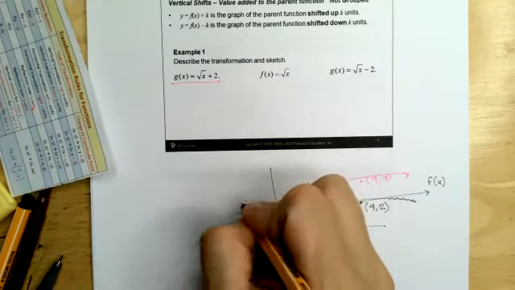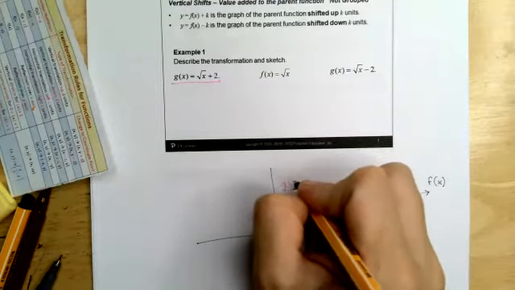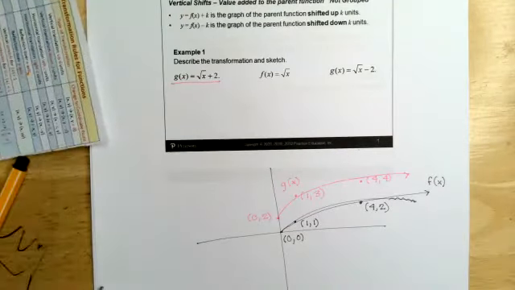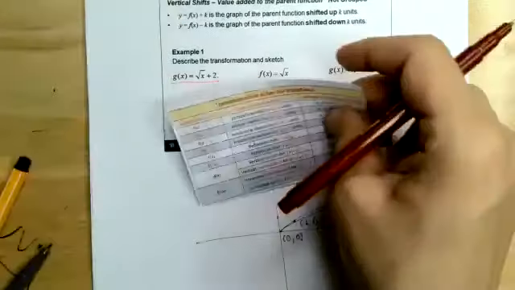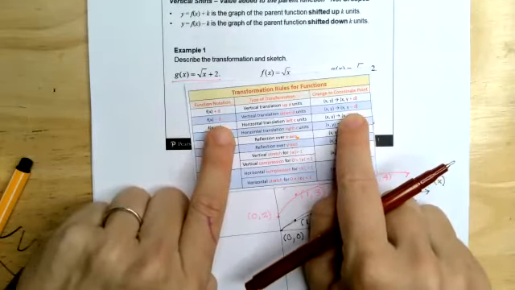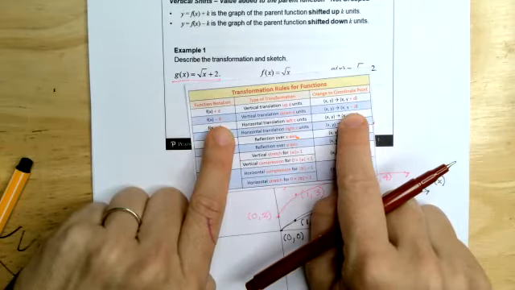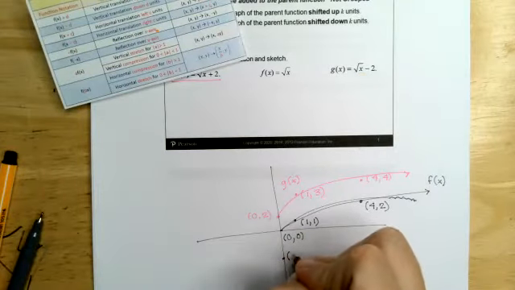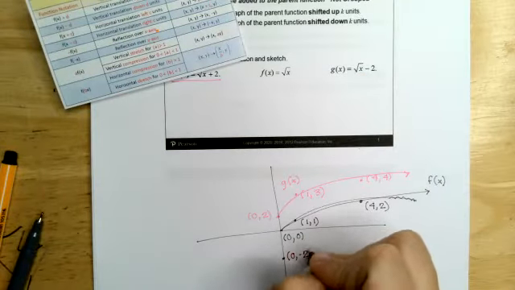For the vertical shift down, we're going to subtract 2 from every y point. Vertical translation down. Y minus the quantity you're moving it down. So instead of 0, 0, it'll be 0, negative 2.